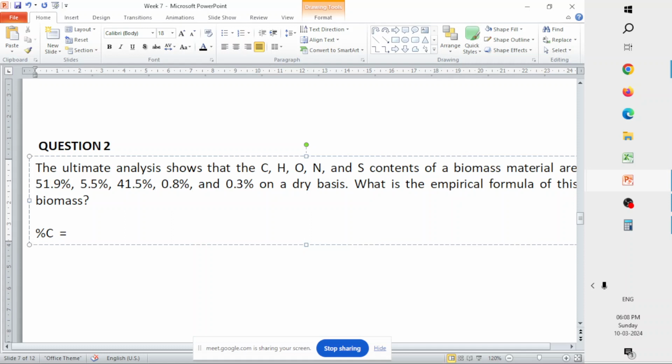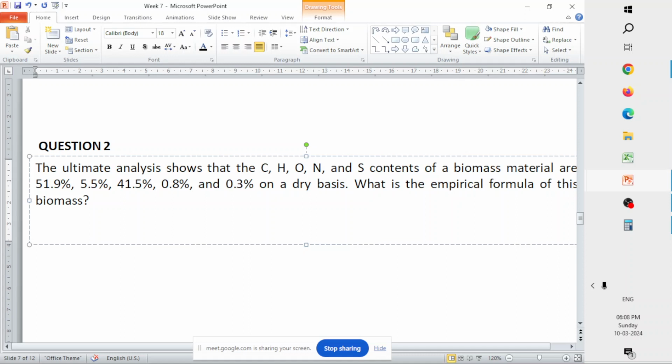You just need to divide all these elements by their atomic weight, and then simplify the ratios and get them in the simplest ratio possible.